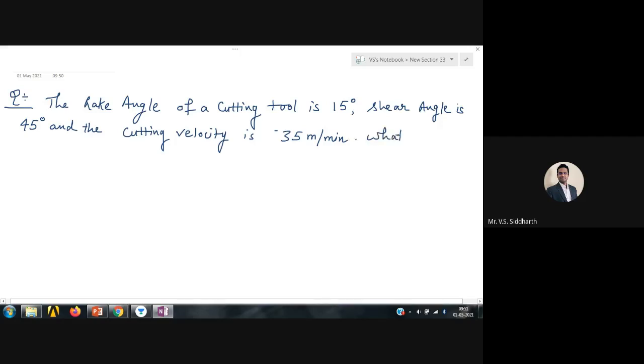What is the velocity of chip along the tool face? Solve and tell me the answer. You know the formula. Substitute the values and tell me the answer.